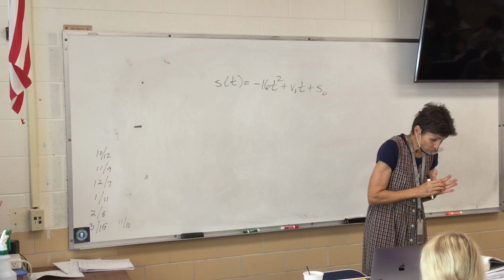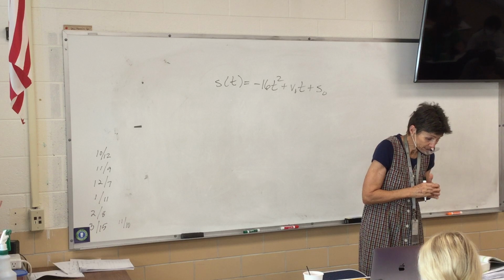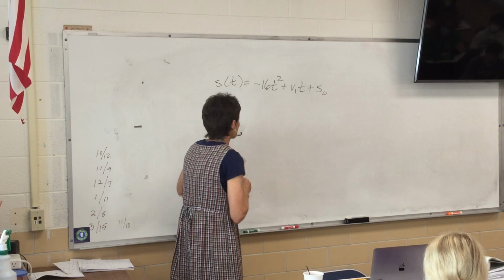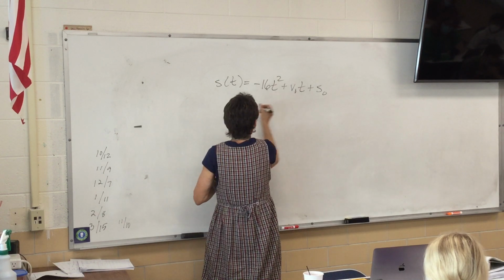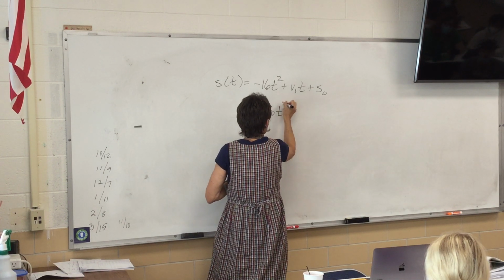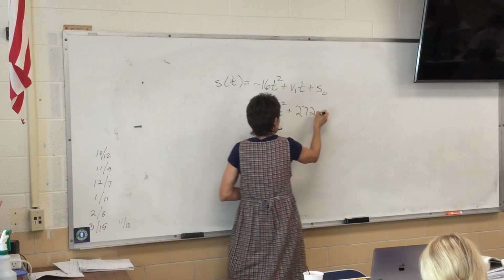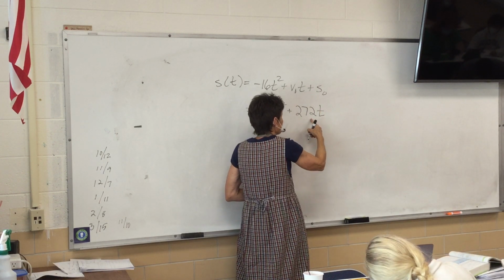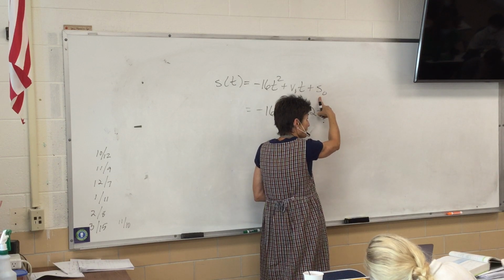It says it's launched straight up from ground level with an initial velocity of 272 feet per second. Is that the V? So V sub naught is 272 feet per second. Remember, there is a T hooked to that, so don't forget the T. This is the initial height.